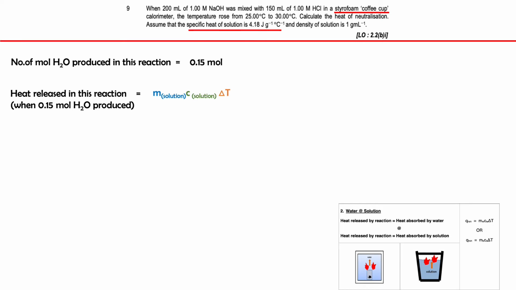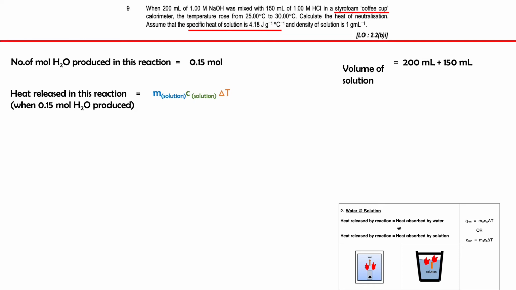Now, we need to find the mass of solution. However, in this question, we don't even have any data about the mass of solution. Worry not, we have the volume of solution, which is 200 ml plus 150 ml.